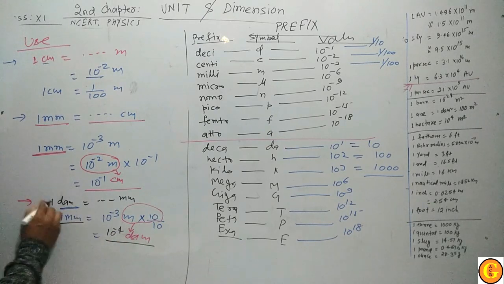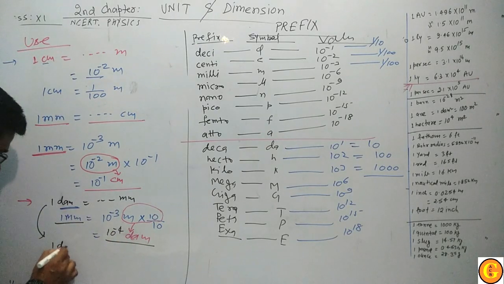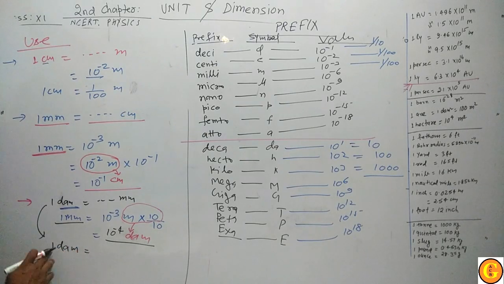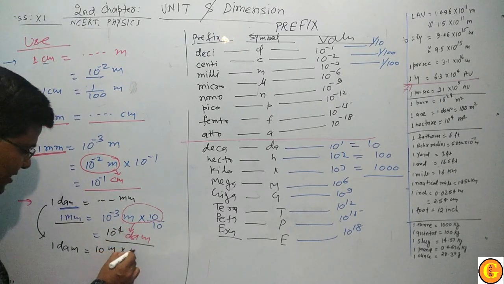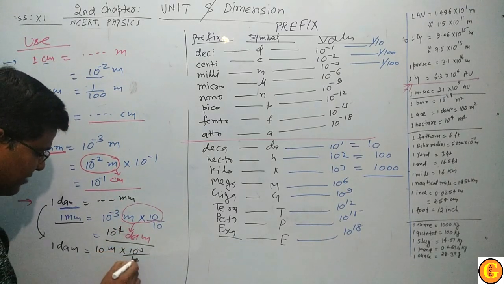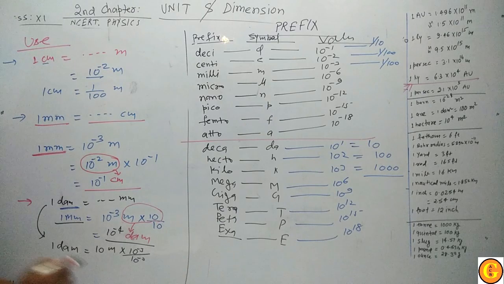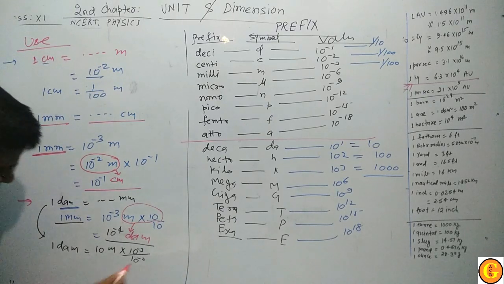Okay? And once again, write the value: 1 decameter is equal to how many millimeters? Then 1 decameter means 10 meter. I don't know about milli, so you multiply and divide by 10 to the power minus 3, and 10 to the power minus 3 meter becomes millimeter.